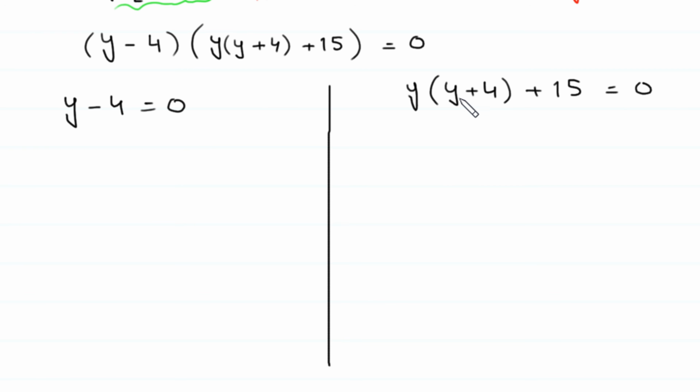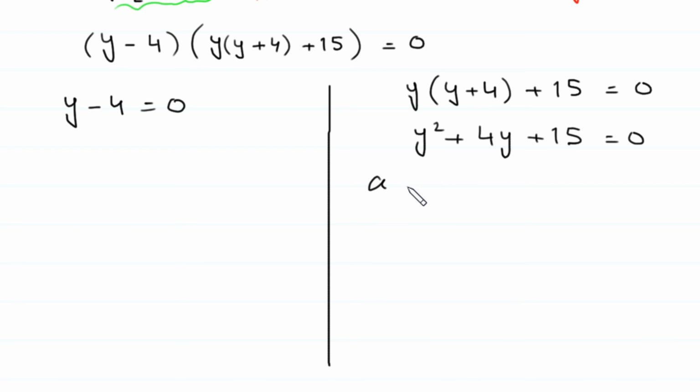Next, y square plus 4y plus 15 is equal to 0. Now this is a quadratic equation. First we see whether the discriminant of this equation is positive or negative.